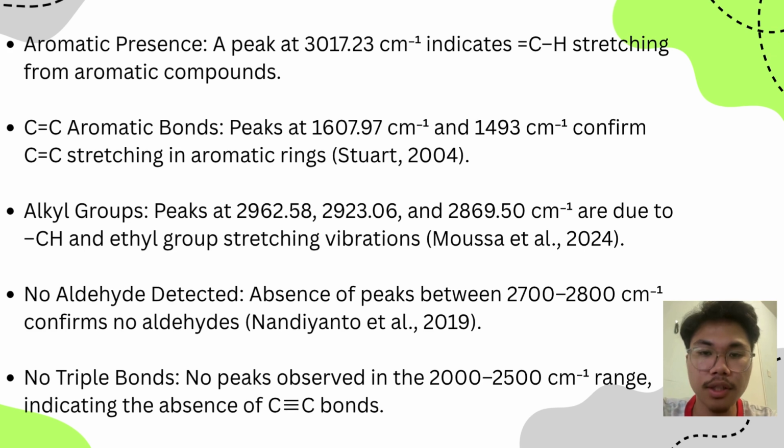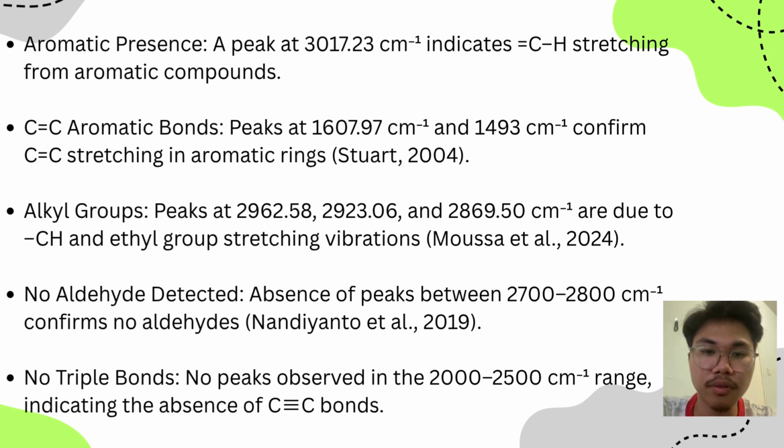Next, we observe three different peaks around 2900 and 2800, which are associated with CH2 and CH3 stretching vibration. This suggests presence of alkane chains in line with the work of Mausa et al. 2034. Additionally, there are no peaks detected between 2700 and 2800, indicating the absence of aldehyde group in the sample.